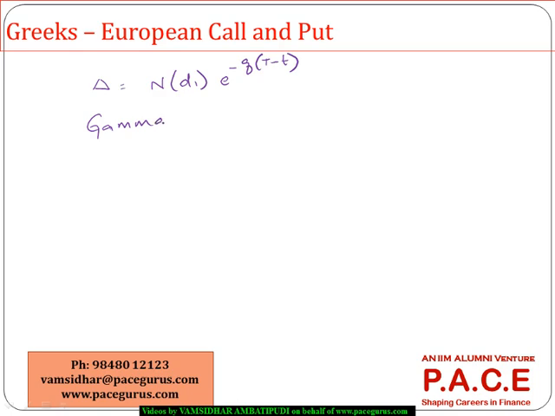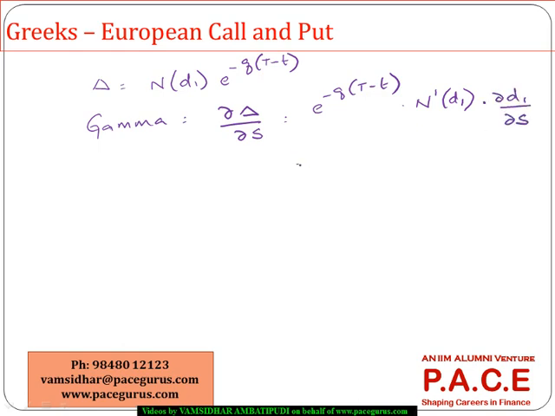So gamma is nothing but dou delta by dou S. So here if I am taking the derivative of this, yes, this part is not impacted by S. So N(d1) goes to N dash d1 and dou d1 by dou S.